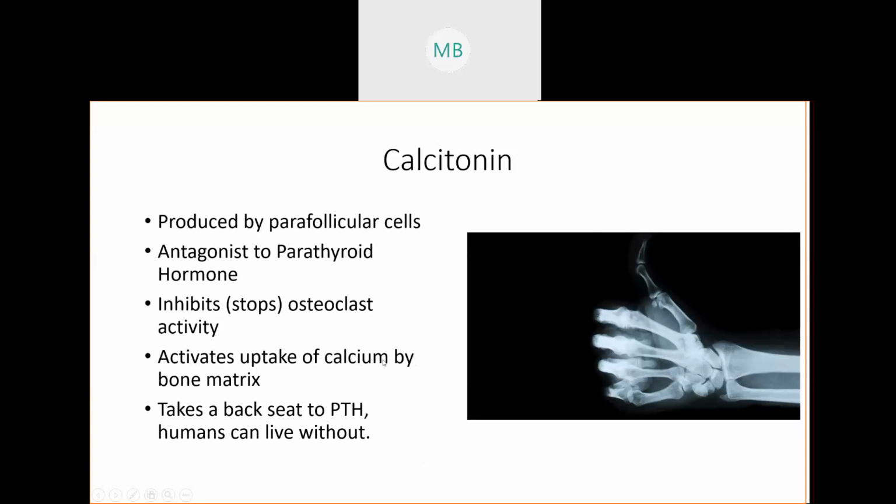However, you should know that calcitonin makes your bones pull calcium out of your blood and grow to store the calcium, and it inhibits the osteoclasts. However, calcitonin takes a backseat to parathyroid hormone, and frankly, humans can live without calcitonin in our diets.